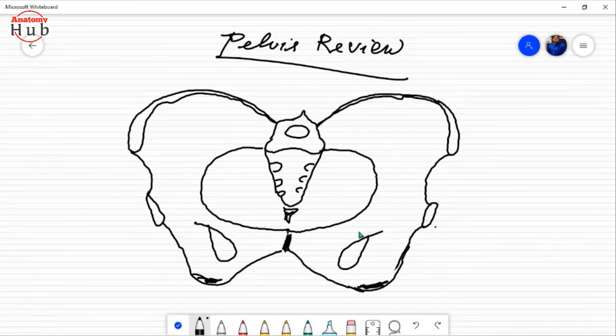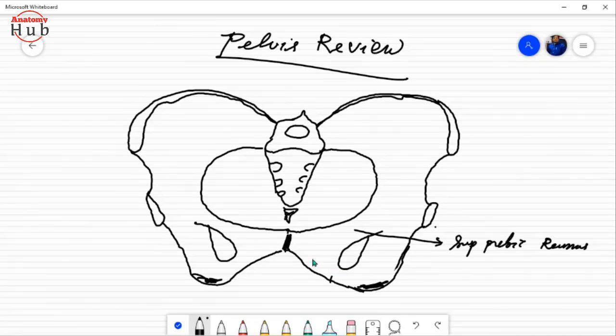Okay, now at this point you'll find this is your superior pubic ramus, and here you can actually divide it into two parts.